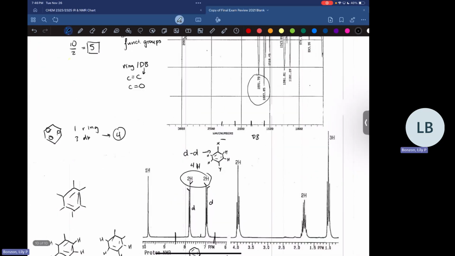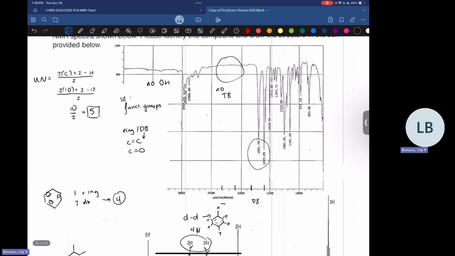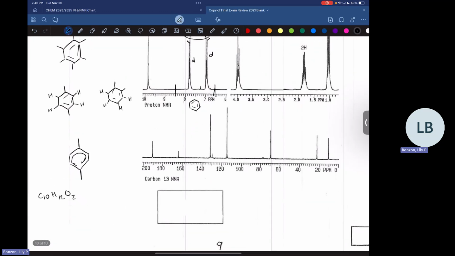We already noted that we don't have an OH peak and we do not have a carboxylic acid peak as well, so we know that we don't have either of those functional groups. Another functional group for oxygen that you could look for is an aldehyde. An aldehyde is going to show a characteristic peak on the proton NMR in the 9 to 10 region. So from here to here.